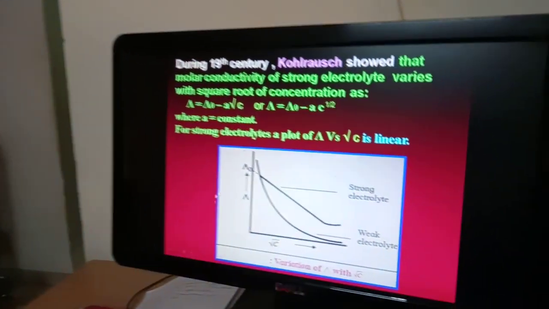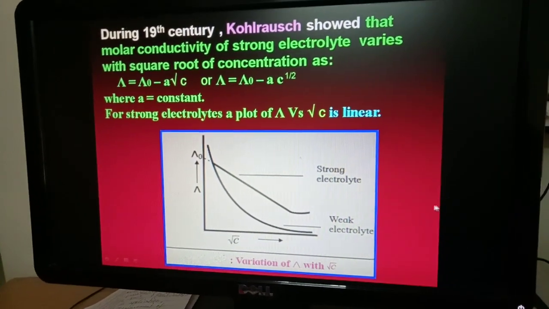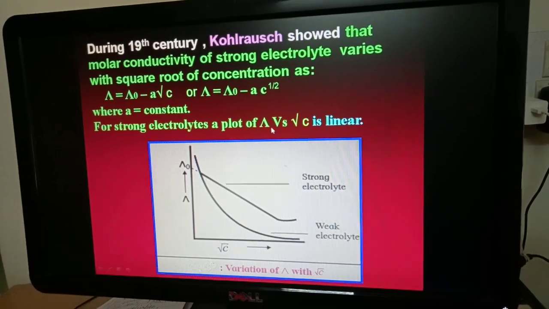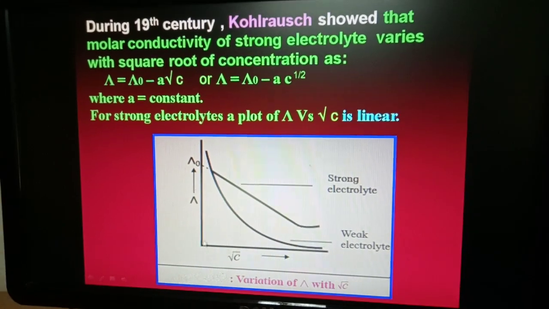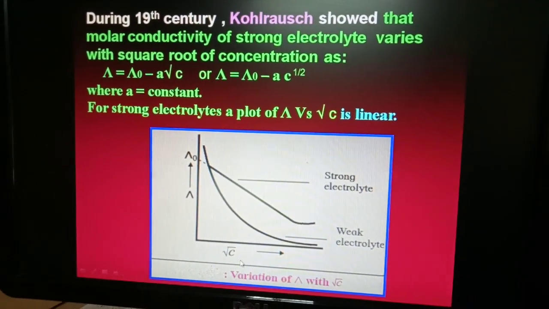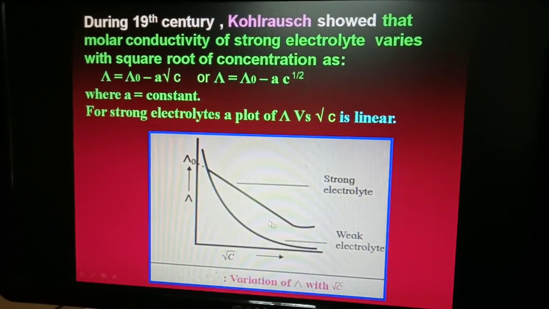Then, with the help of a graph, Kohlrausch put forth that for strong electrolytes, a plot of lambda versus root c is linear. In this particular graph, plotted as lambda versus square root of concentration of the electrolyte, both electrolytes have been represented.